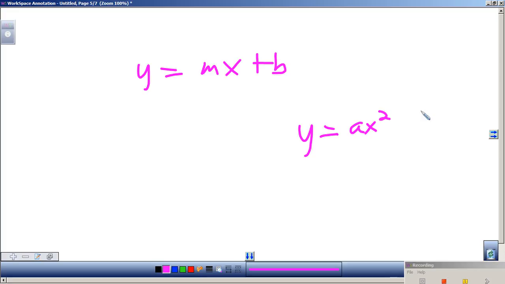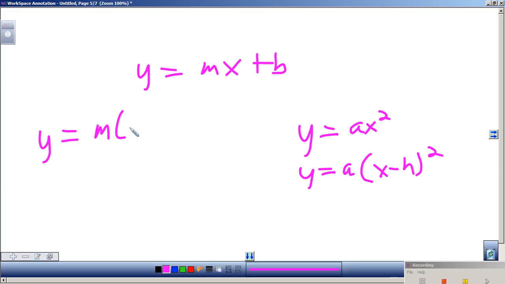What would I do if I was moving this to the right? Yeah, we'd say y equals a times x minus h squared. We replace x with x minus h. If we apply the same thing up here, what would we do? Okay, m times x minus h plus b. Does that make sense? Okay.